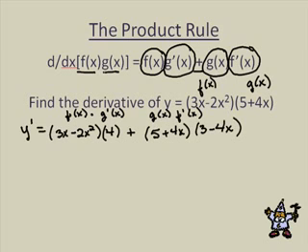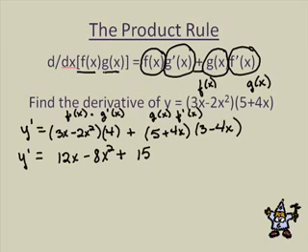Now what we're going to do is simplify it. So we're going to distribute by the 4. And the next one we're going to double distribute. So we have 15. The outside, when we multiply, we get negative 20x.